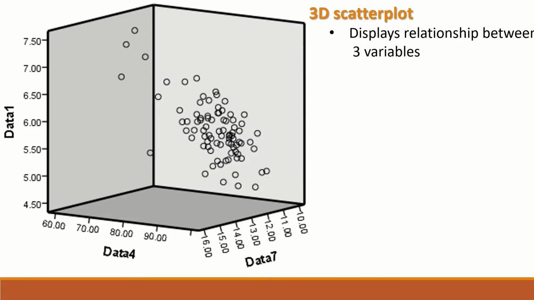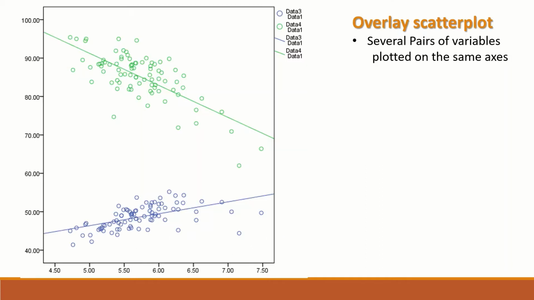A 3D scatter plot displays the relationship between three variables in a 3D format, as we can see data 1, data 4, and data 7 plotted in one graph. An overlay scatter plot displays several pairs of variables on the same axis. Here, as we can see, variable 1 is plotted with variable 3 and variable 4.